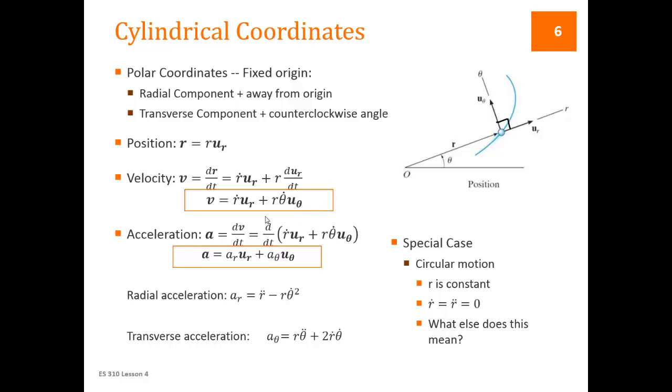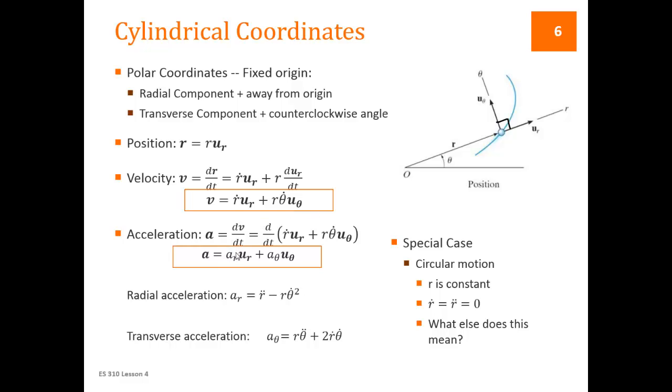Okay, so our final equation for velocity: the first term in the UR direction is just r dot. The second term, which is due to the change in direction, is r theta dot U theta. Do it again for acceleration.